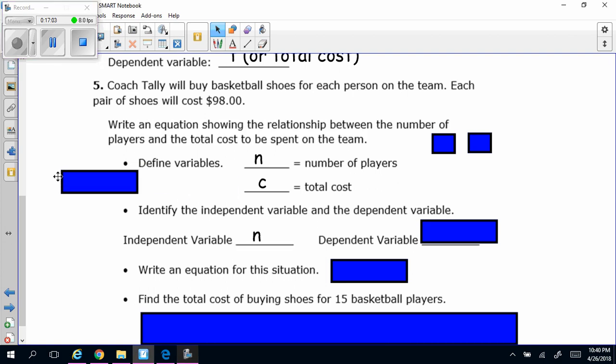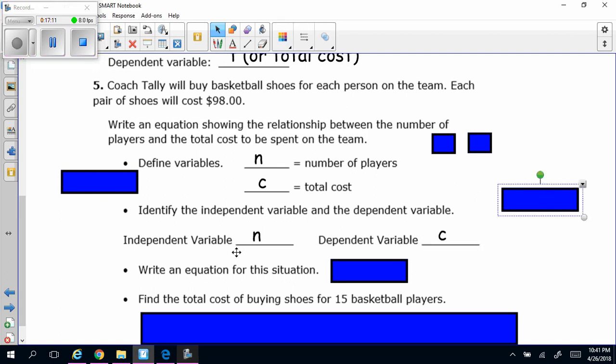Now, you should have answered that the independent variable is n and the dependent variable would be C. So your independent variable, the number of players, would correlate with the dependent variable, the cost. The cost of all the shoes would depend on how many players there are on the team.